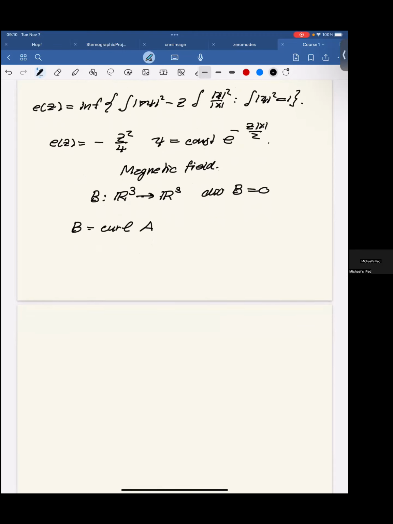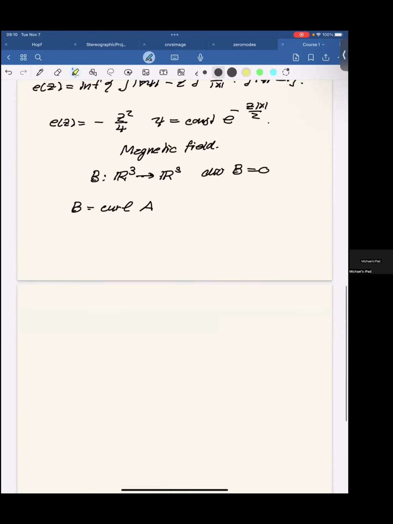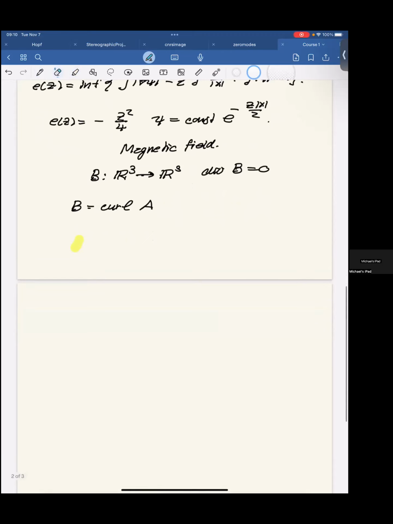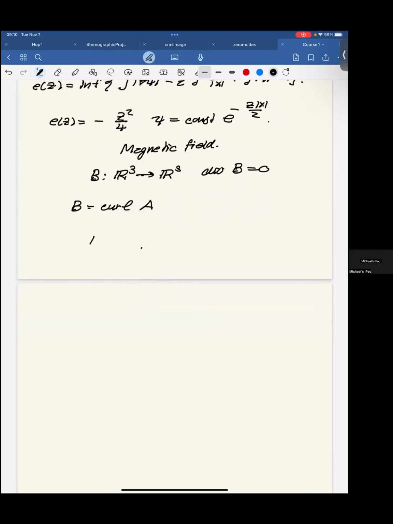So hydrogen atom in a magnetic field, what is the energy? Let me say it this way: E_D, where the D stands for diamagnetism. We will talk about this. What is it?